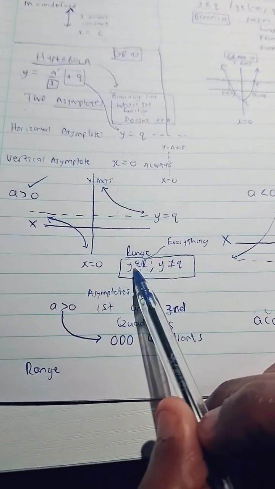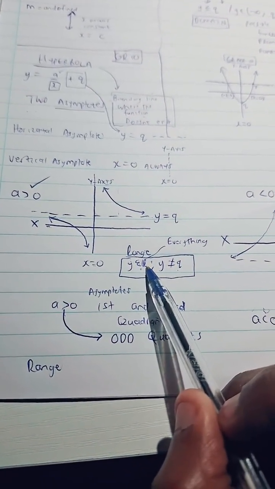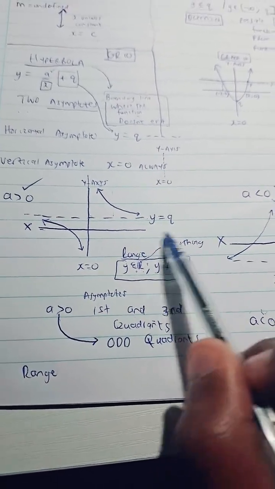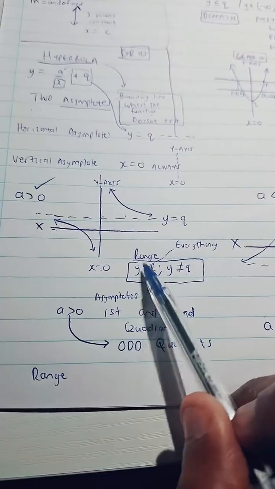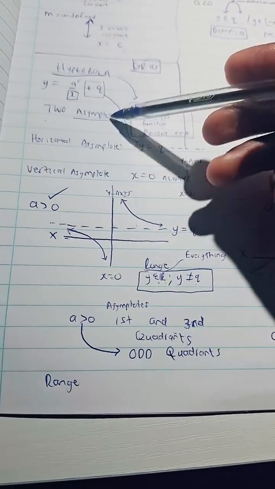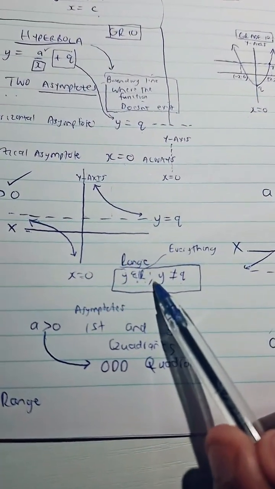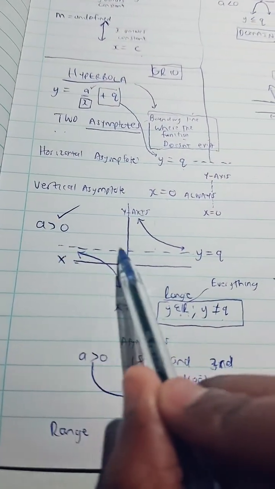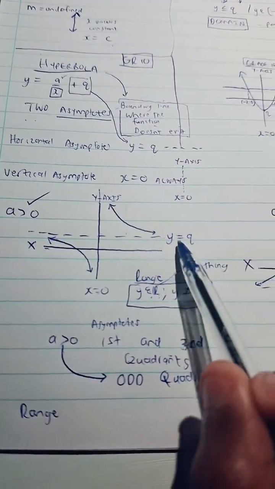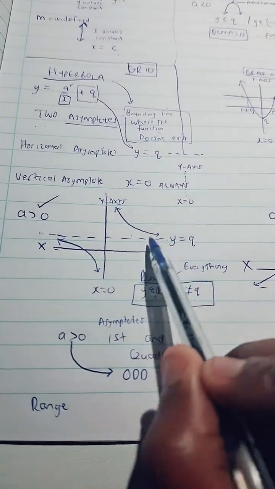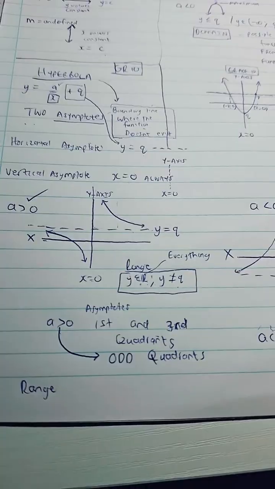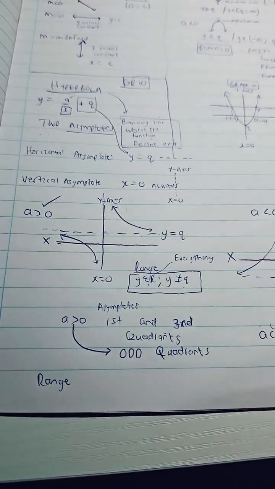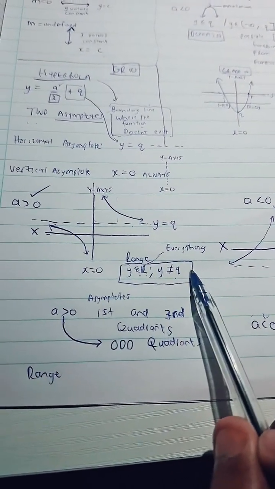So we say y is an element of R to show that the function exists everywhere for y, but y cannot be this q value. The function cannot exist here. So that's the easy way of writing the range, just straightforward: y is an element of R, y cannot be q.